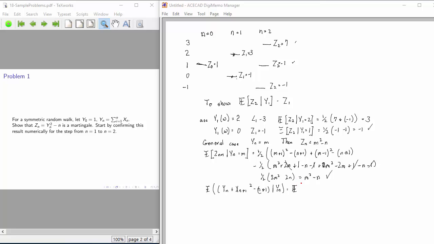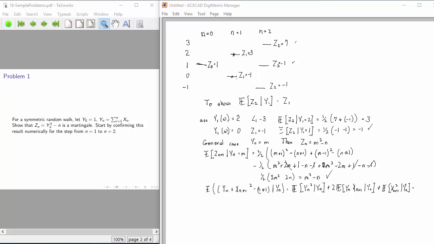Now we exploit the linearity of expectation. Multiplying out the square, we've got the expectation of yn squared conditioned on yn, plus 2 times the expectation of yn times xn plus 1 conditioned on yn, plus the expectation of xn plus 1 squared conditioned on yn.